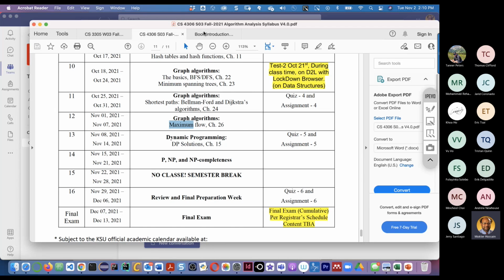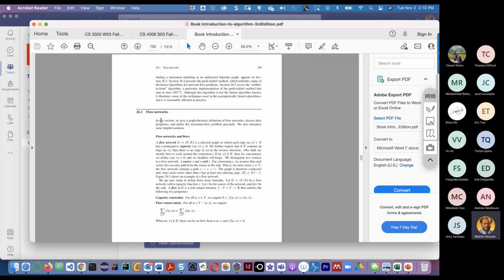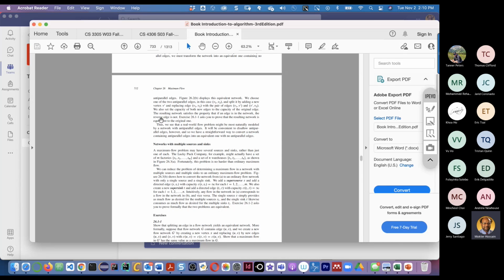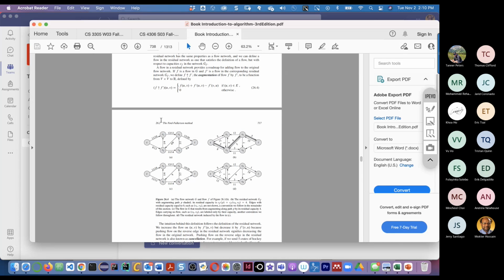So if we go to the book, the book has chapter 26. It says maximum flow algorithm, and maximum flow, and max flow networks, and mainly we need to cover here the Ford-Fulkerson method algorithm.